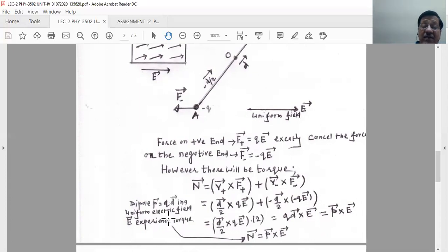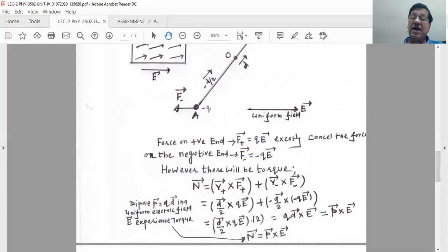So a dipole in a uniform electric field experiences a torque, and this you have also studied at higher secondary level. The torque experienced by a dipole in an electric field is always given by the vector product of vector P with the electric field E. Please remember this expression: whenever you keep a dipole in a uniform electric field, the net force acting on the dipole is zero, but there is a rotation.